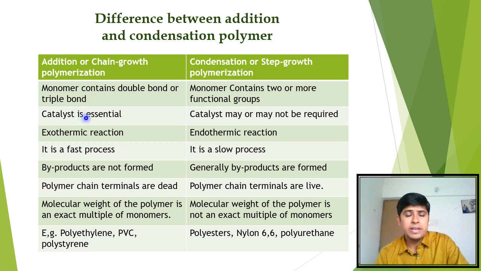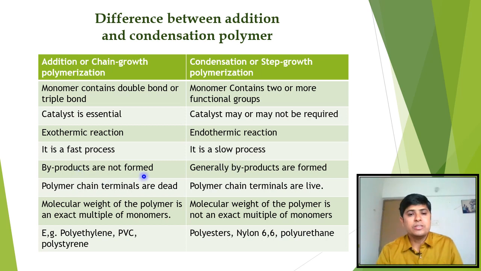Addition polymerization is an exothermic reaction, heat is evolved there, while condensation polymerization is an endothermic reaction, heat is absorbed there. Addition polymerization is a fast process, while condensation polymerization is a slow process. Byproducts are not formed in addition polymerization, while in condensation polymerization there is formation of byproducts.